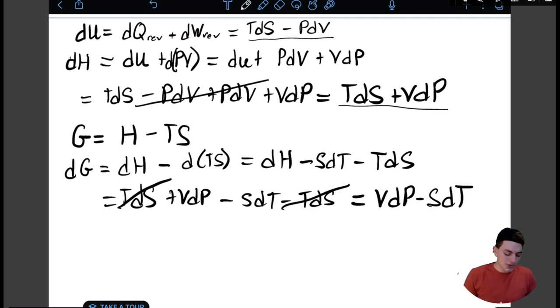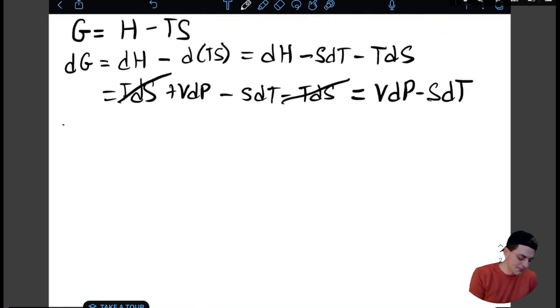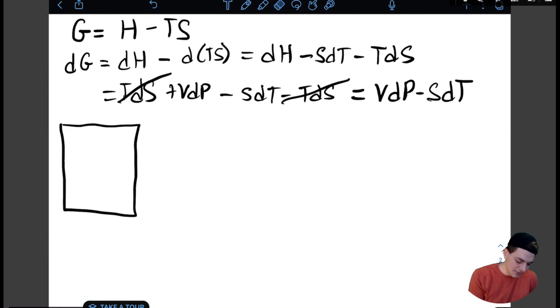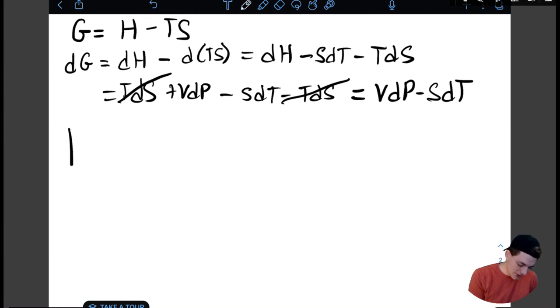So what we want to do then is we want to think about the actual system itself. And let's say our system potentially has some sort of movable boundary in it. I will erase that top there and give it some sort of movable piston boundary.